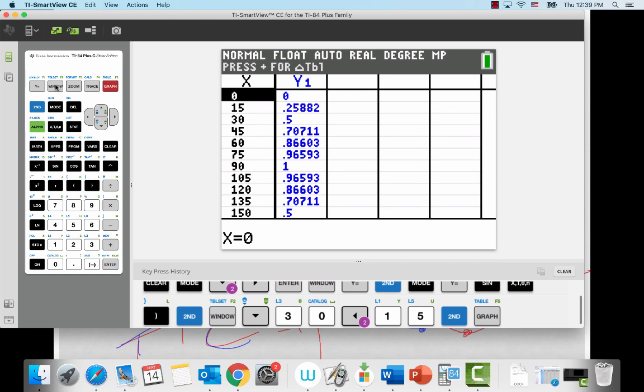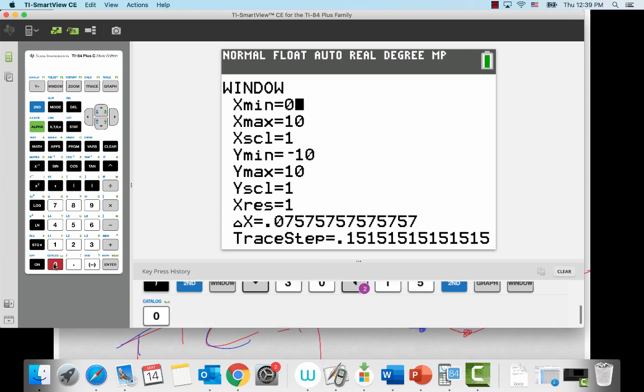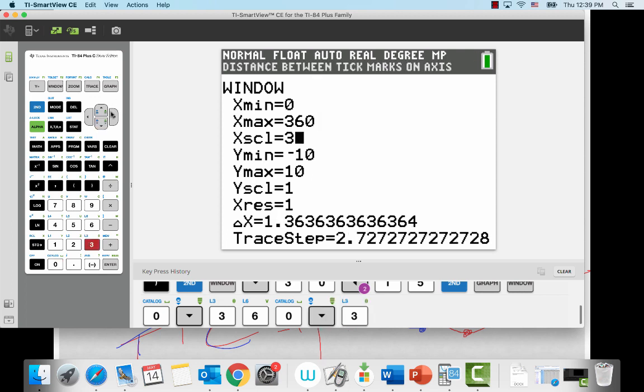Okay, so let's look at your calculator again, because I want to see what that does for a graph. If you were going to graph the sine curve on your calculator, you've got to think about going from 0 to 360 degrees, right? Because I'm in degrees. My mode should be in degrees. For the X's, I'm going to show you up to 360, or scale, excuse me. Let's count by 30s. That's my degrees.